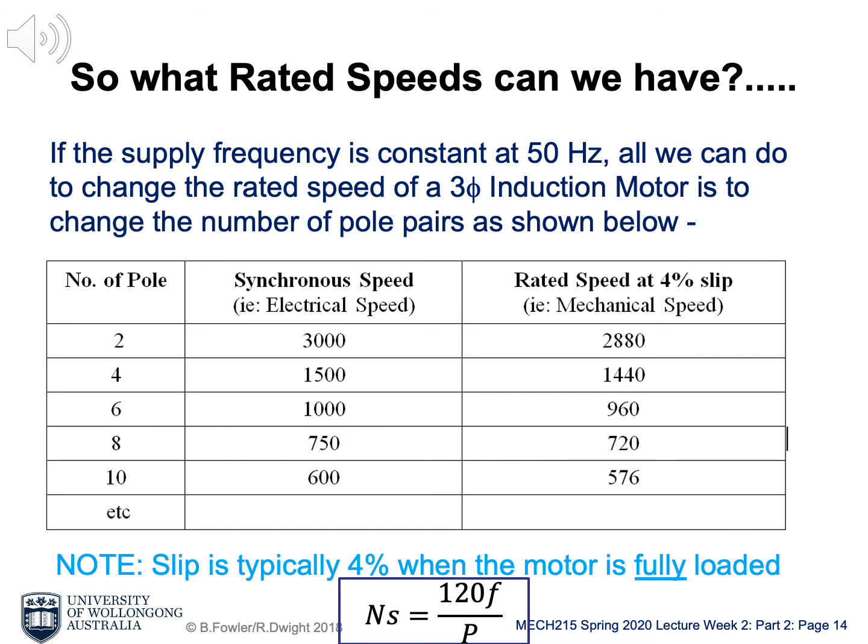With the slip at 4%, the actual output speed of the motor is 4% less than the standard. So 1000 actually gets 960 RPM. So for a motor, we can't really choose any speed. The motor speed is pretty much given in these kinds of standard numbers.